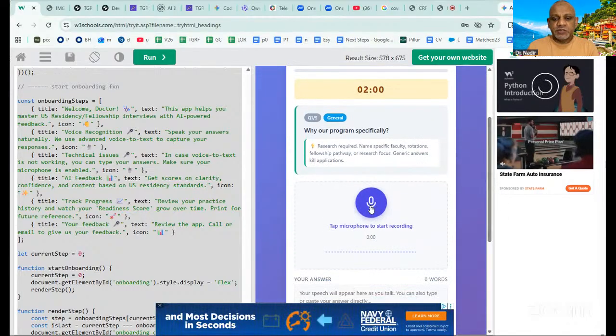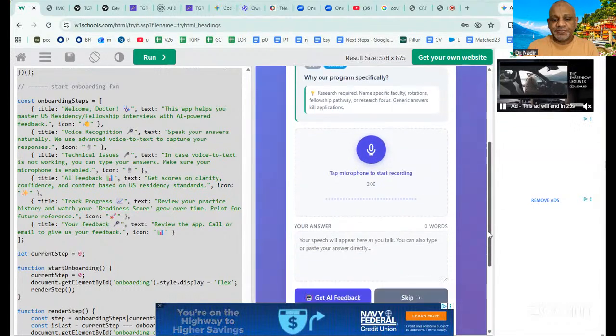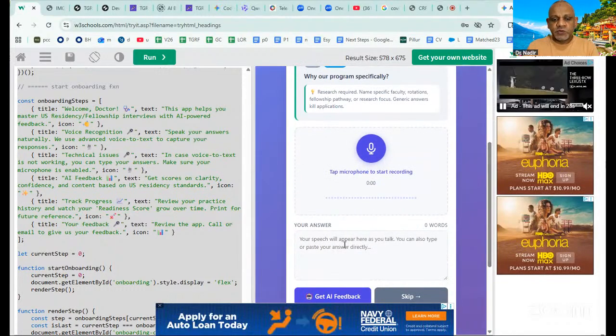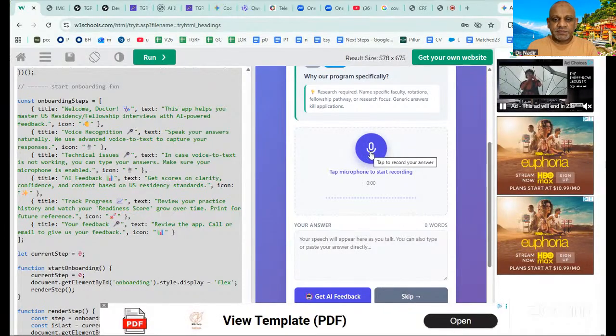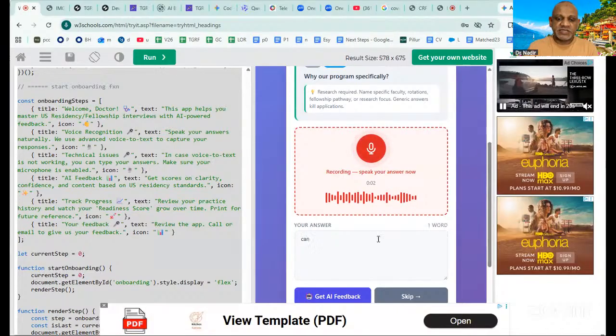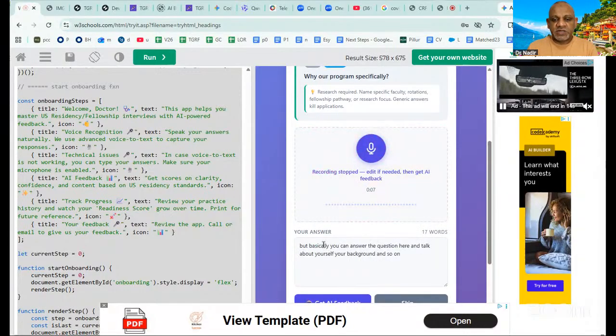So here you will hit record or tap for microphone to start recording. And it's supposed to bring whatever you say. I'm not sure if it's going to work for you here or not, but basically you can answer the question here and talk about yourself, your background, and so on. When you hit save, it will, oh, it worked. So it will save your answers here, and it will tell you how many words and your speed and so on.